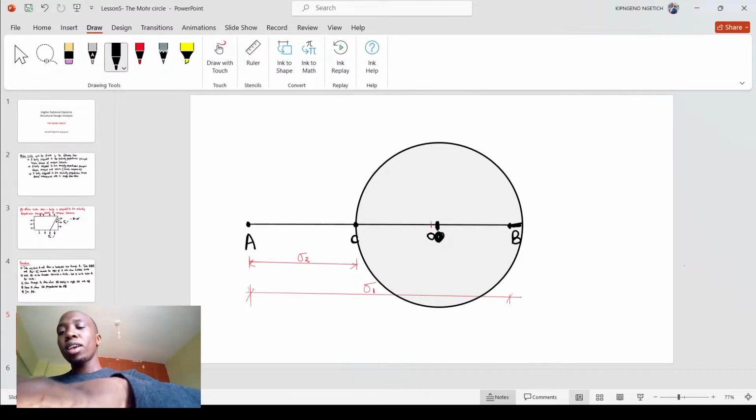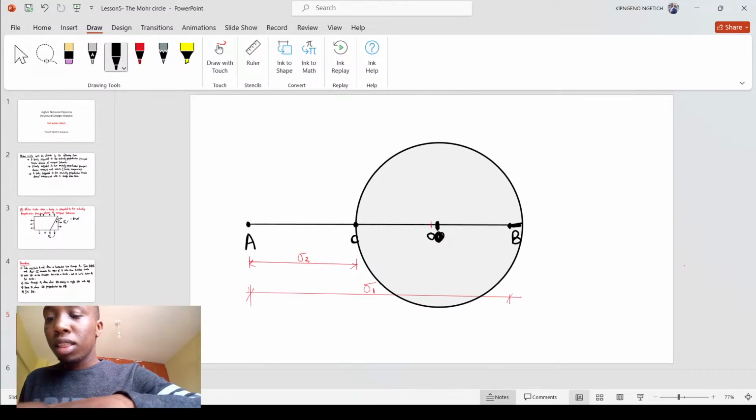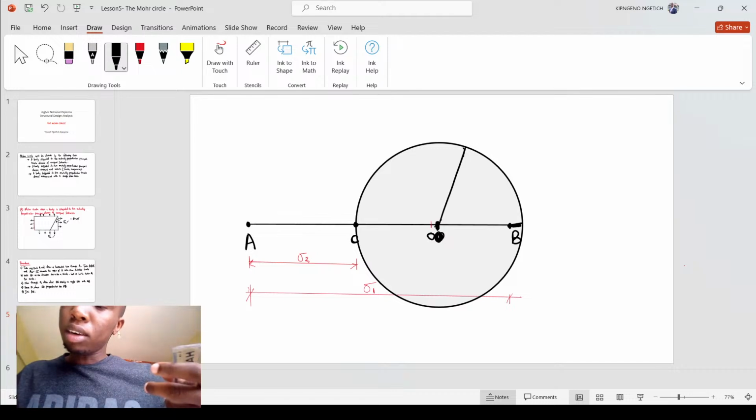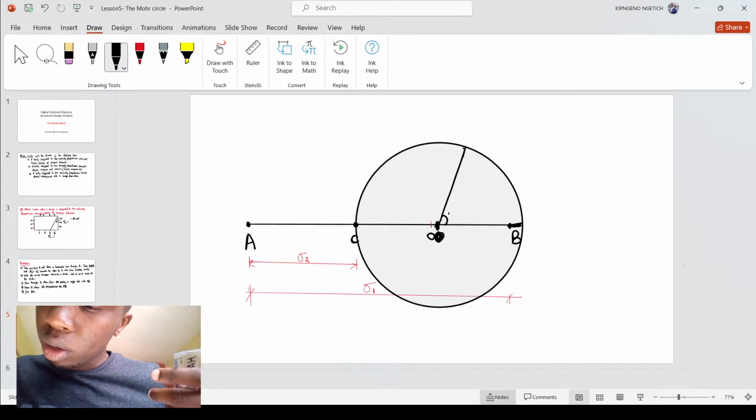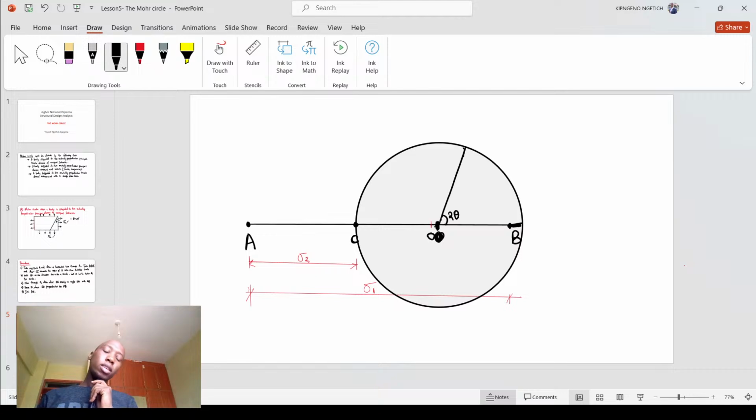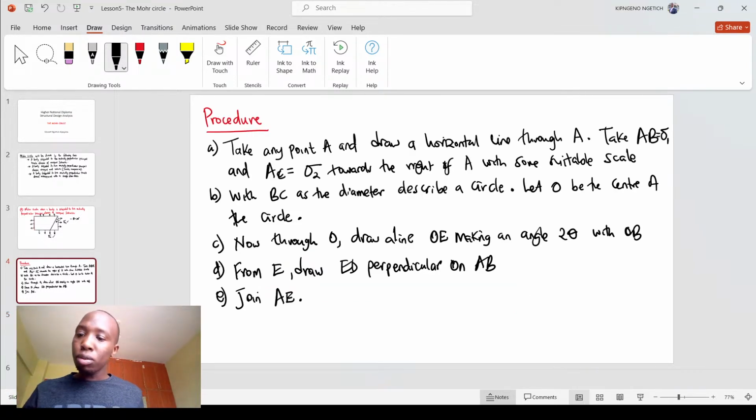I can't do that here, so I'll just use my eyes and say that one will be an angle of 60 degrees, of 2 theta. Okay? And say that will be an angle of 2 theta with OB.